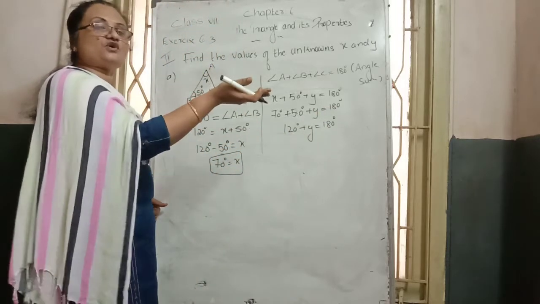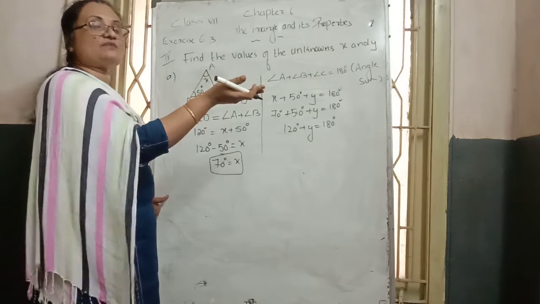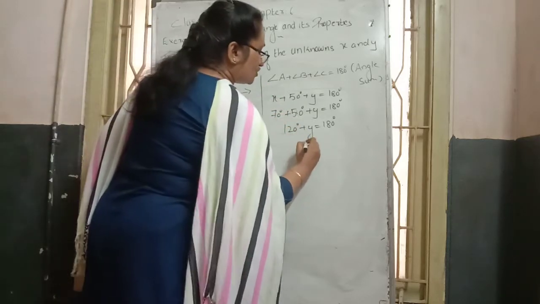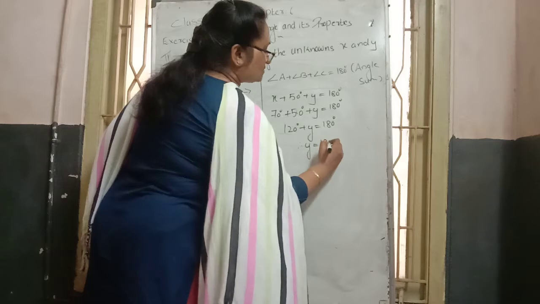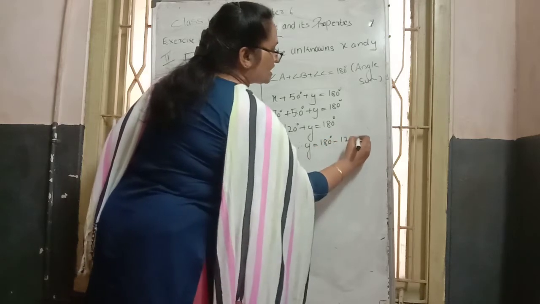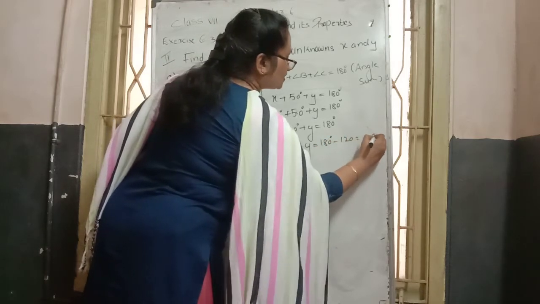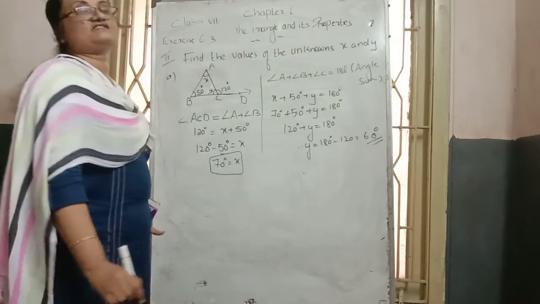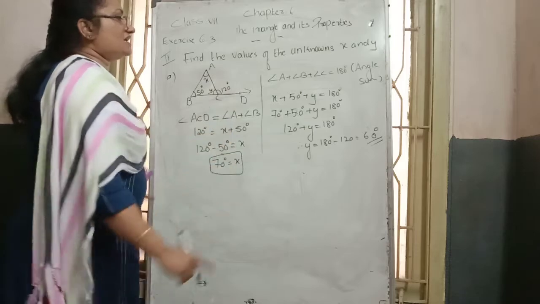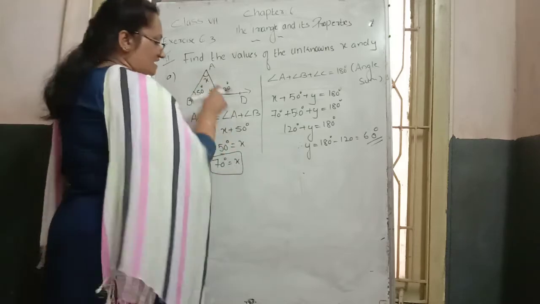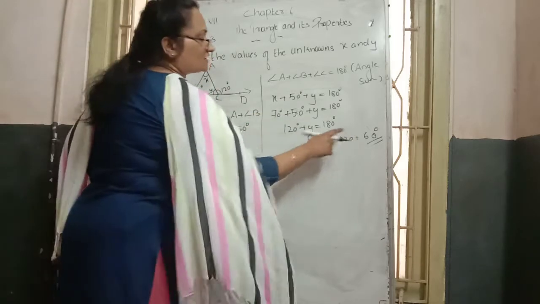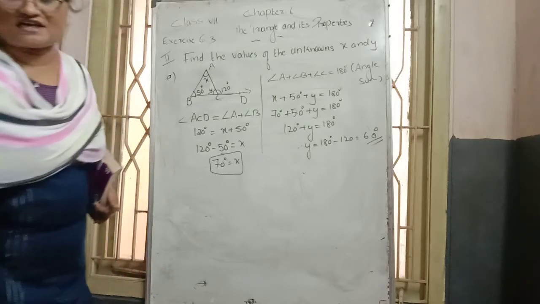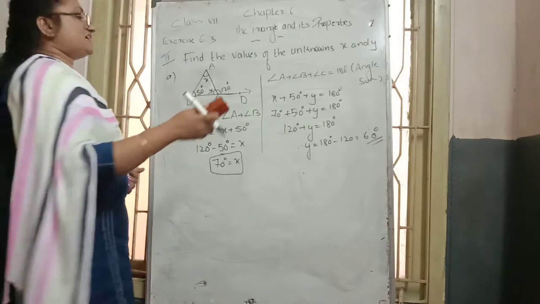When transposed, it becomes minus 120. Therefore y equals 180 minus 120, which is 60 degrees. So we got x as 70 degrees and y as 60 degrees. I hope you can understand how to find x and y.